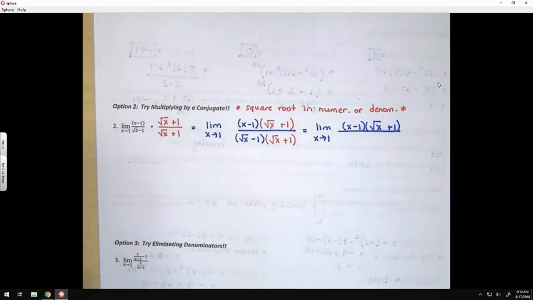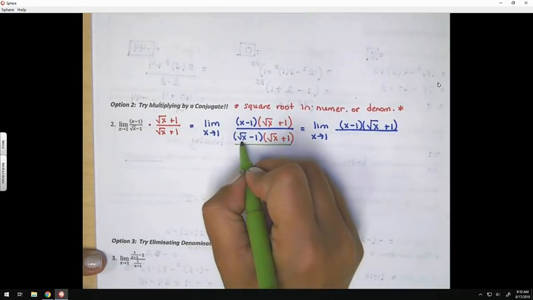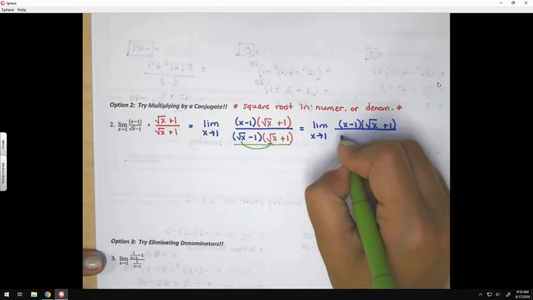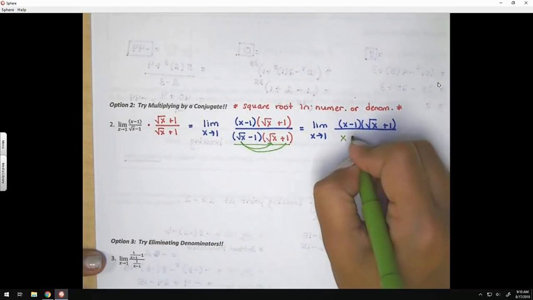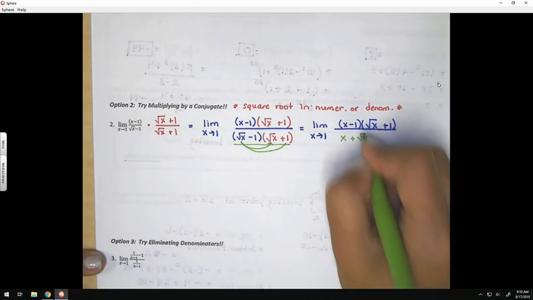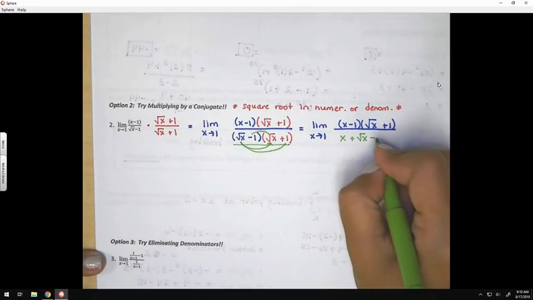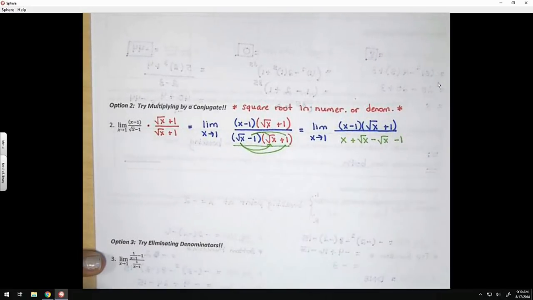But in the denominator, when I multiply this out, I'm going to have square root of x times square root of x, which is just x. Square root of x times 1, which is the square root of x. Negative 1 times the square root of x, which is negative square root of x. And then negative 1 times 1, which is negative 1.